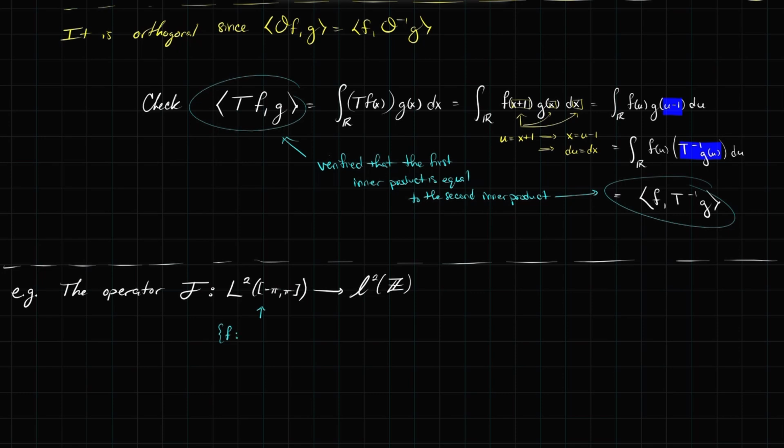These are functions that start in this domain minus pi to pi, and they end up in the complex numbers, and they have the property that f of negative pi is equal to f of pi, and they are square integrable.